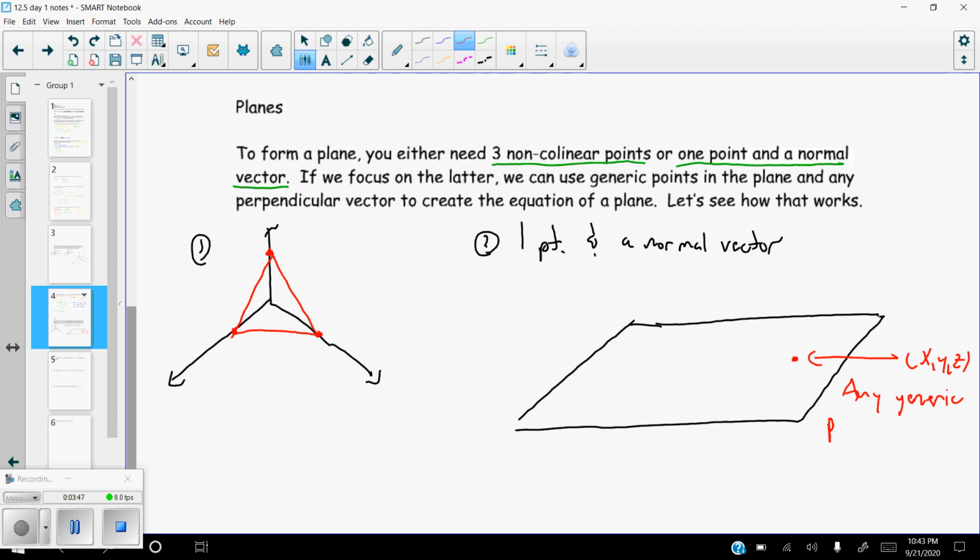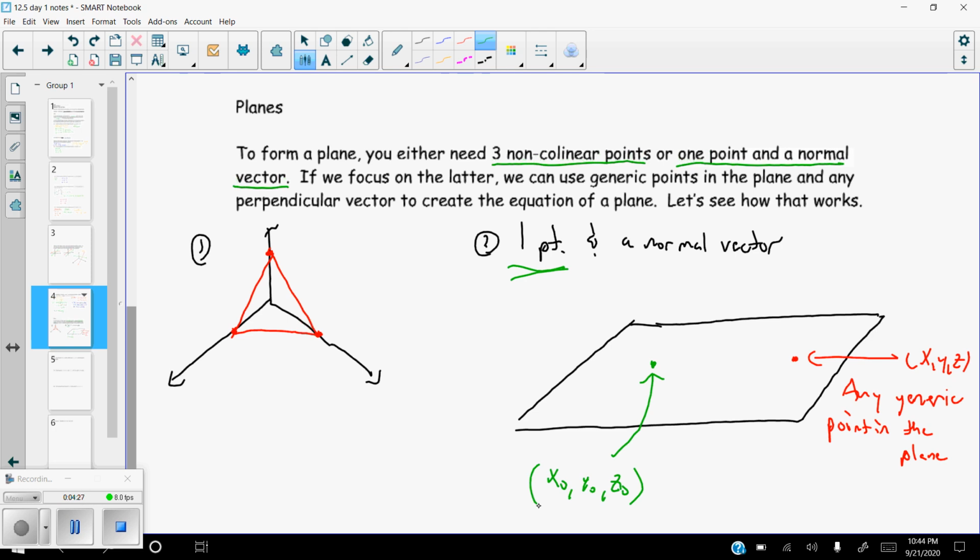I also have to have an initial point. That's the 1 point we're talking about. I'm going to put that right here. It doesn't matter where it is, it just has to be someplace in the plane. Because it's our initial point, we're going to call that X naught, Y naught, Z naught. Basically that's our starting point.